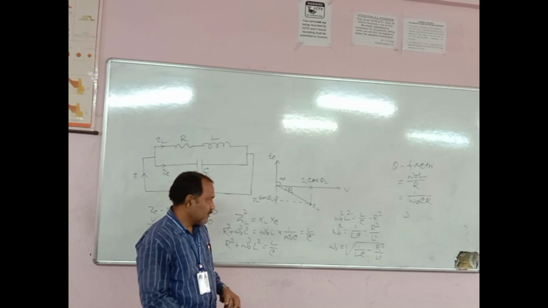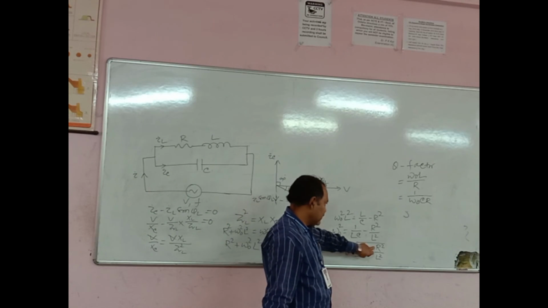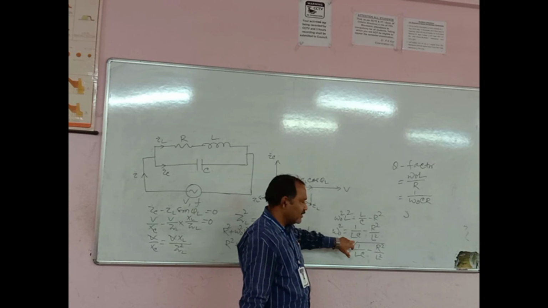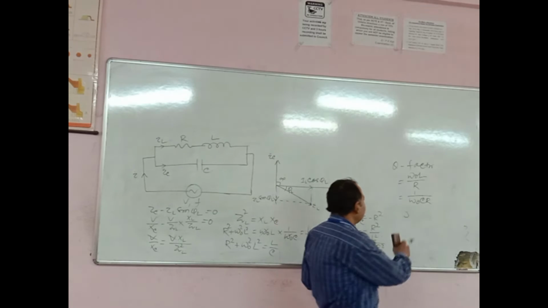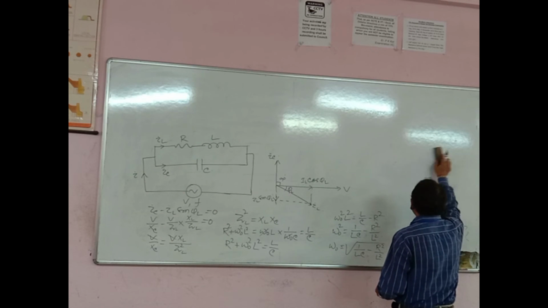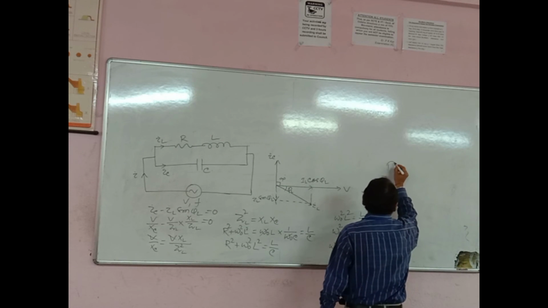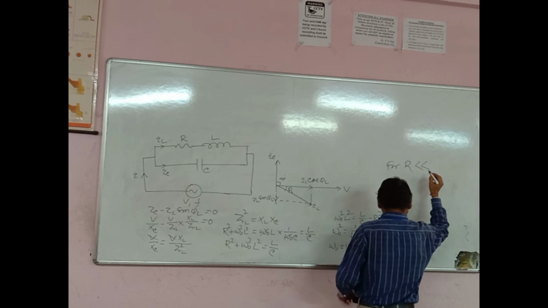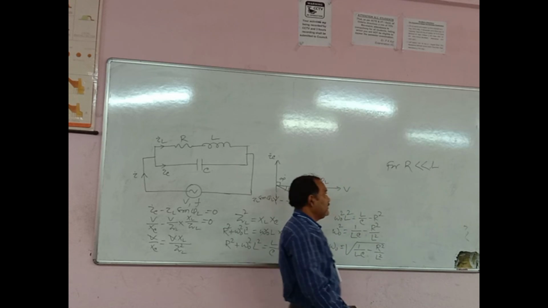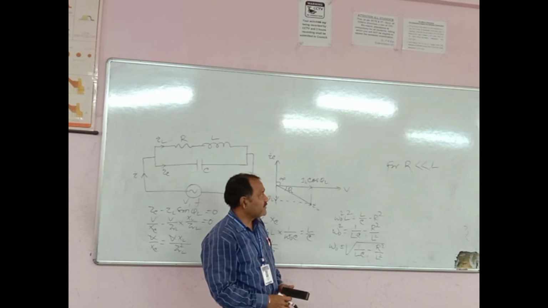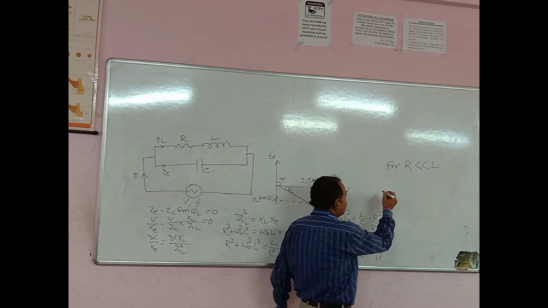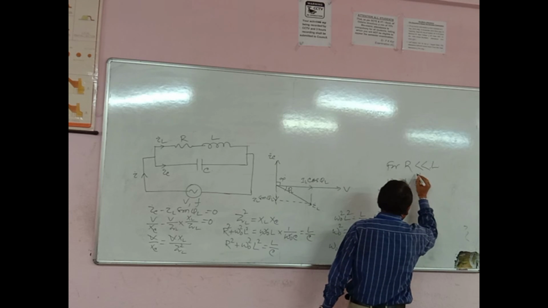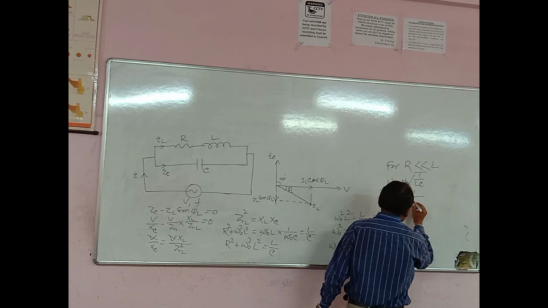In this case, if we neglect R, this term will become 0. Then automatically omega 0 will be equal to 1 by root over of LC, for R very much less than L, meaning R is negligible with respect to inductance.